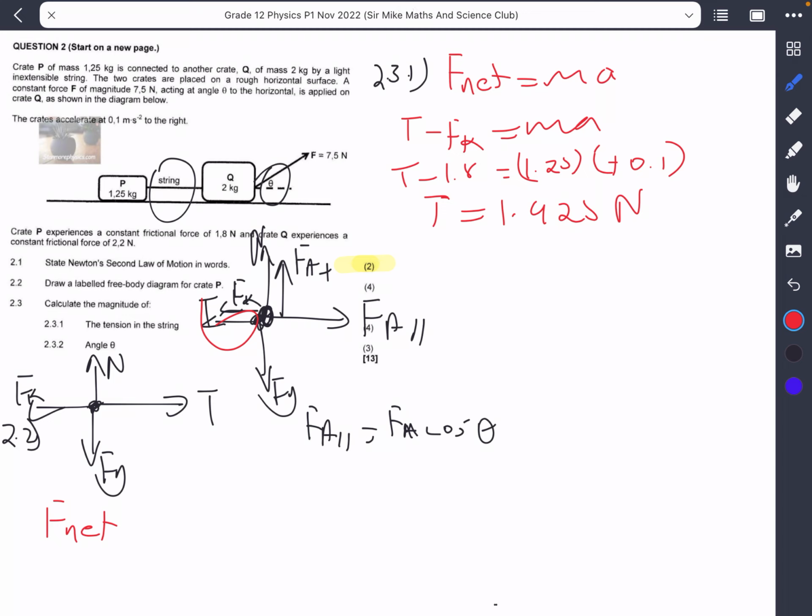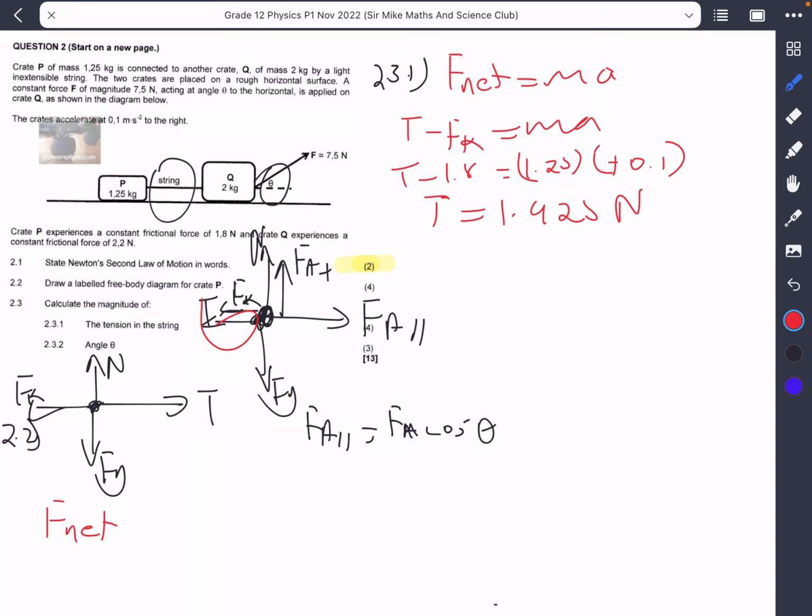They are not actually concerned about the direction. But if you note, we actually got that to be a positive value. Now that makes sense because we know that the tension on that block P is pulling it to the right. So as a result, we actually expected that to be positive. So that would be the answer for 2.3.1.